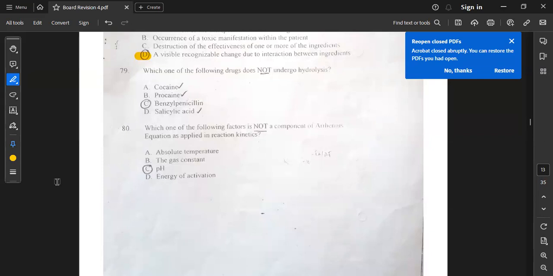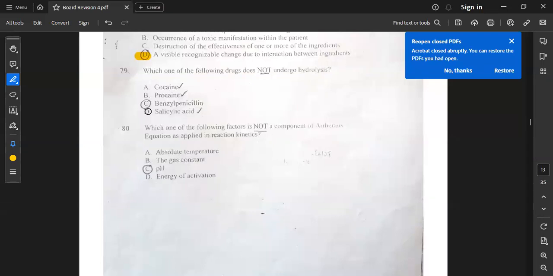If there's silence, I'm assuming we're all agreeing that the answer is salicylic acid.